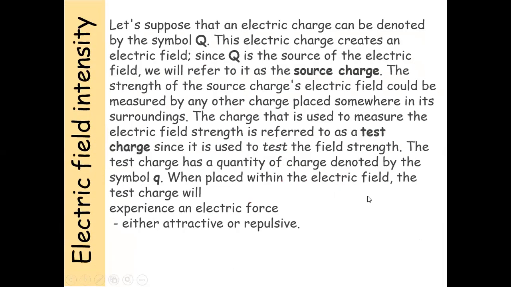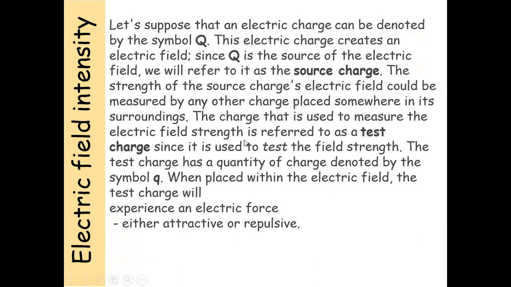Now, to explain that, we are going to suppose that there is a charge Q. This Q charge creates an electric field around it, and this refers to the source charge.